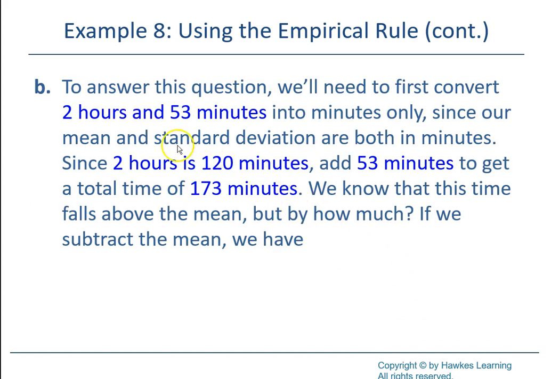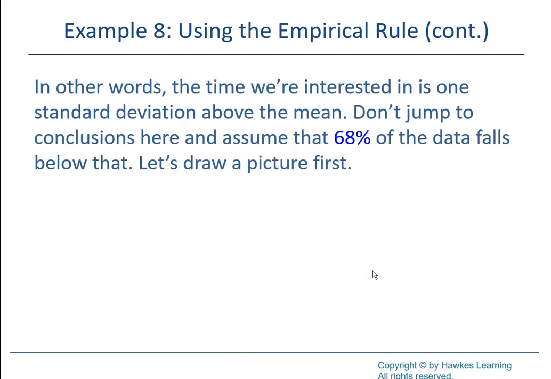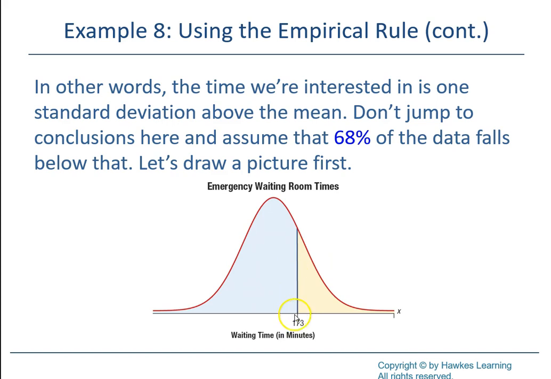Now for this one, we changed it to minutes, which was 173 minutes. And if we subtract that from the median, we add 56 minutes. So we're going to do 56 minutes, which brings us to this point here.